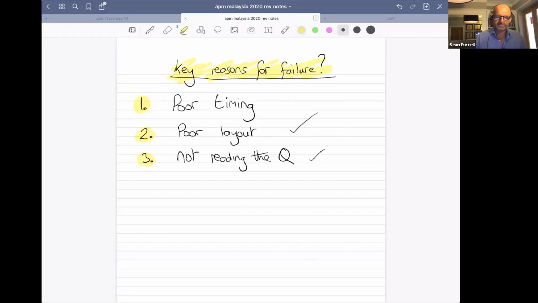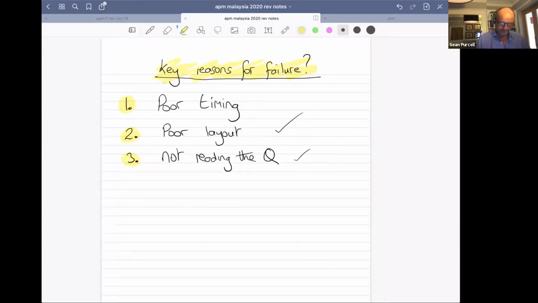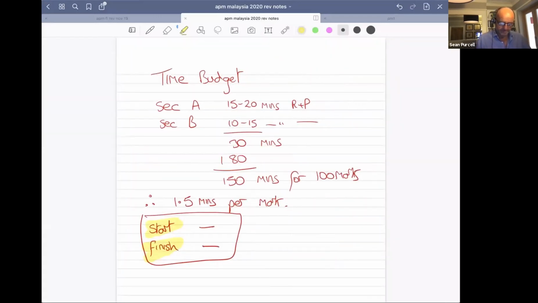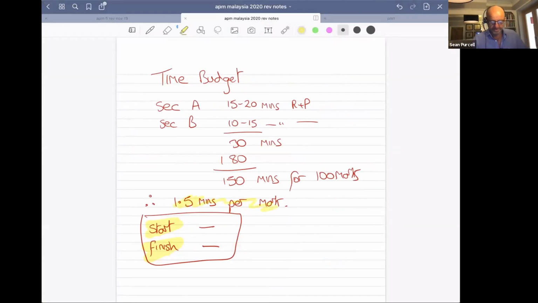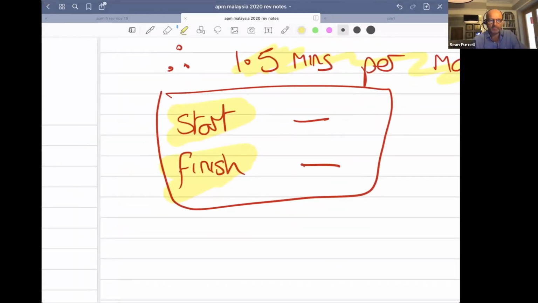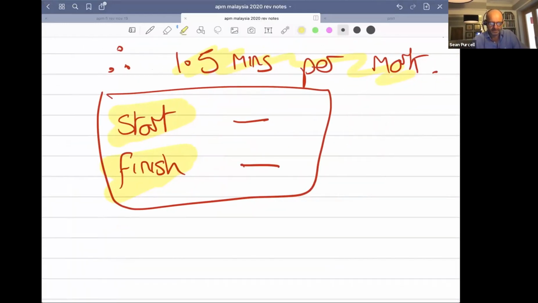So let's deal with each of them in turn, just to summarize them again, and then let's have a look at some questions. So as I've said to you, section A, we've got another 15 minutes, but I said 1.5 minutes per mark. In order to manage our time, I would be writing down start and finish.